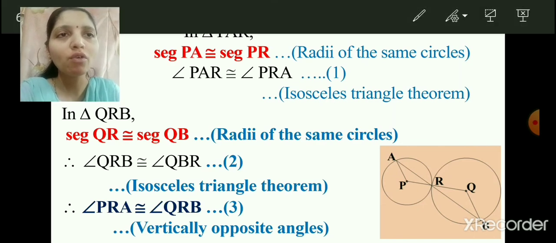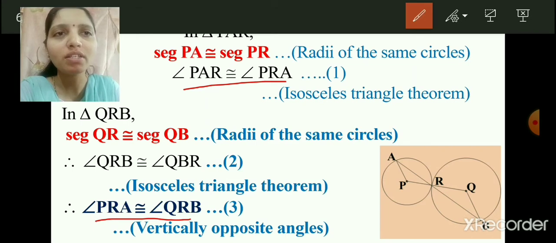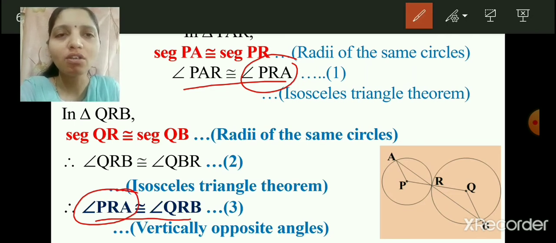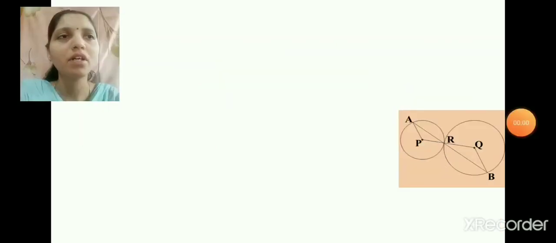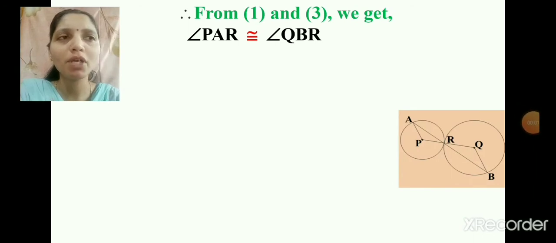Now if you observe equation 1 and equation 3, you can see angle PRA is common to both equations. So we can say that angle PAR is congruent to angle QRB. Now let's write down from equations 1 and 3: we get angle PAR is congruent to angle QBR.